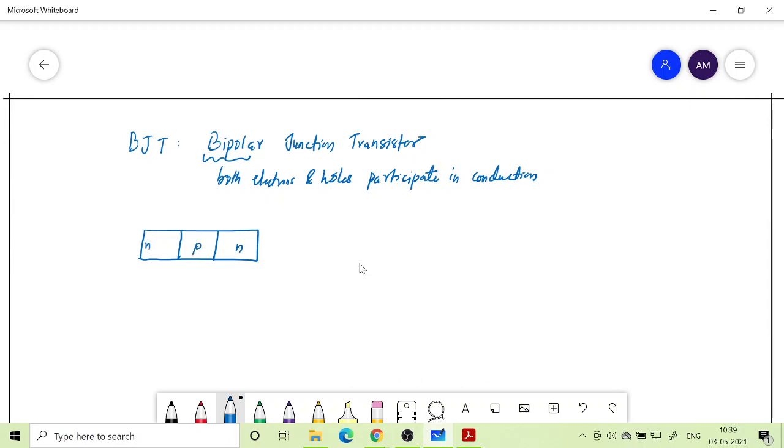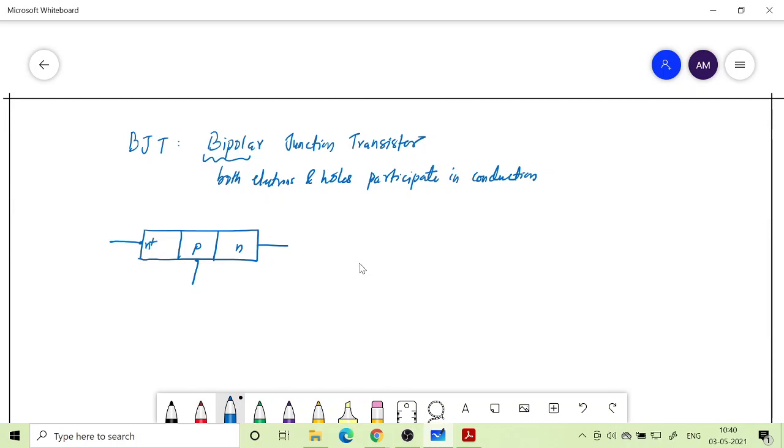These are doped regions, and to each of these regions you have a terminal. So BJT is a 3-terminal device, and though it may look symmetrical, actually it is an asymmetric device with respect to the structure.